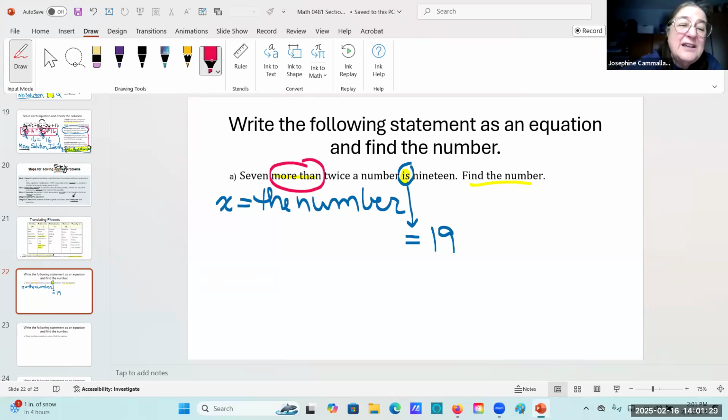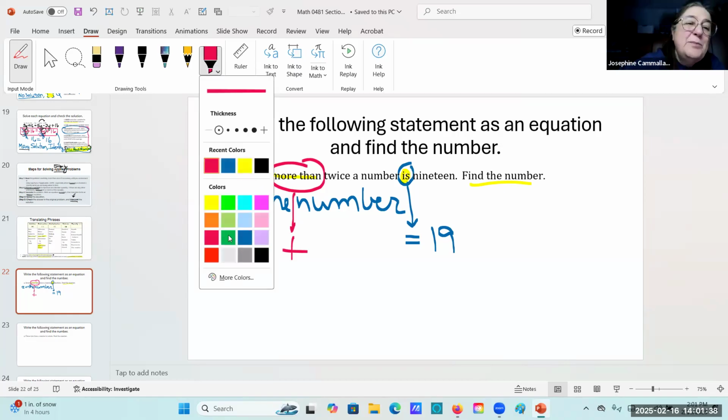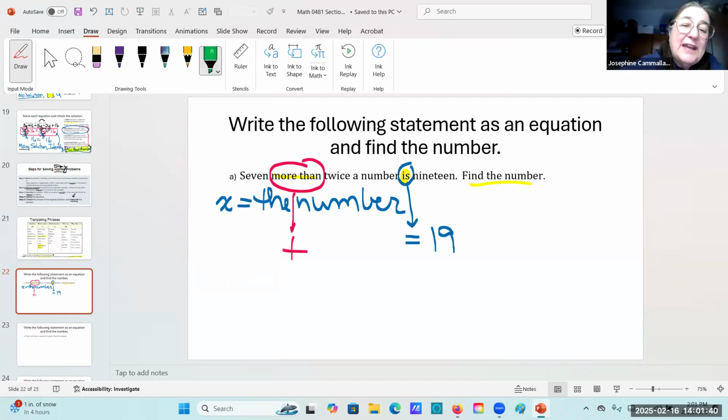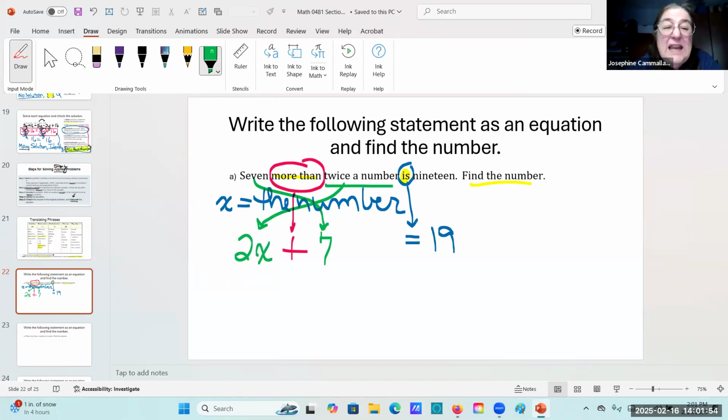"More than," we know, is an add, but it's got those asterisks, which means what's in front of the words "more than" is going to go behind the plus. What's in the back is going to the front. We have just translated it.